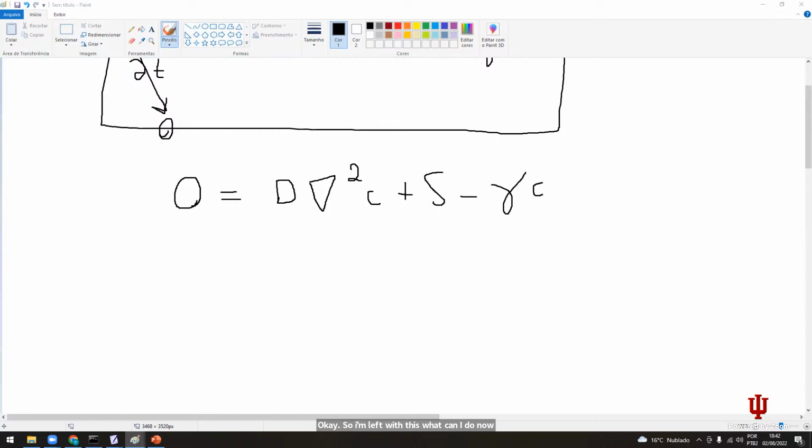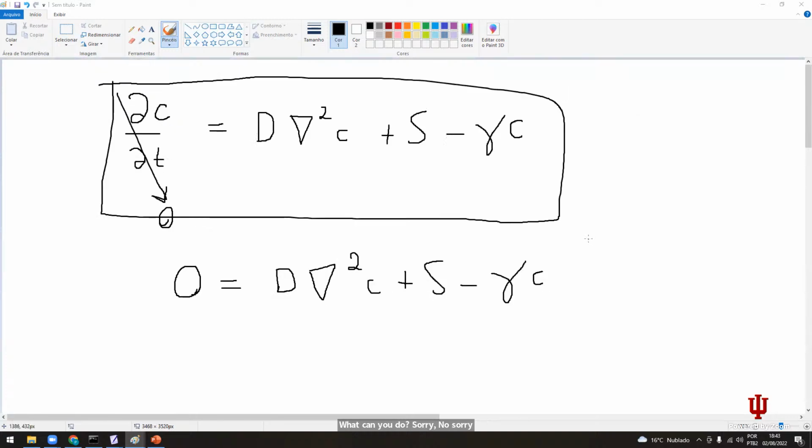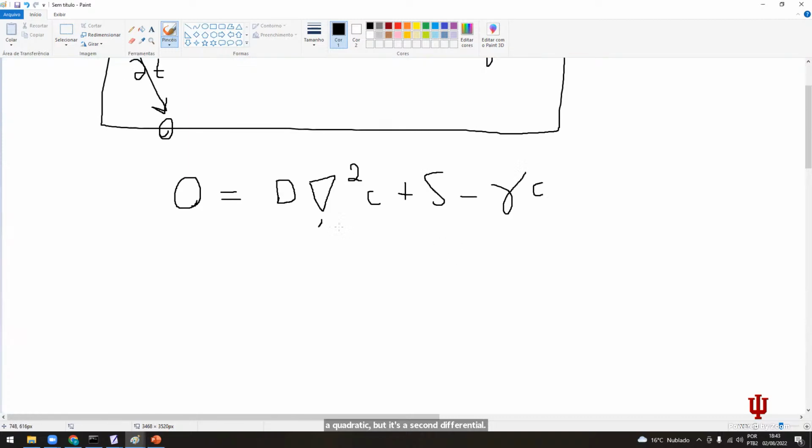You have a quadratic, but it's a second differential, not on the C. Yeah, the problem is what do you want to do here? Well, you can expand your gradient, your grad function out.